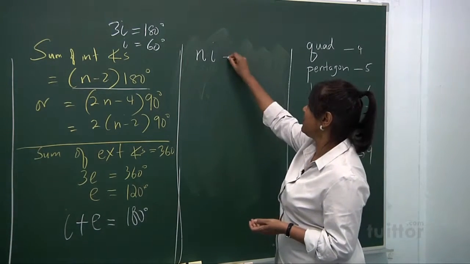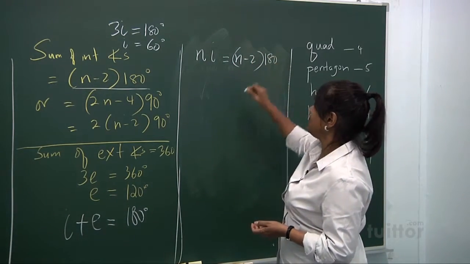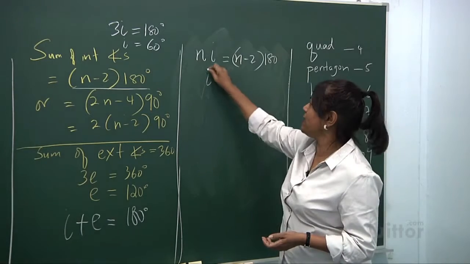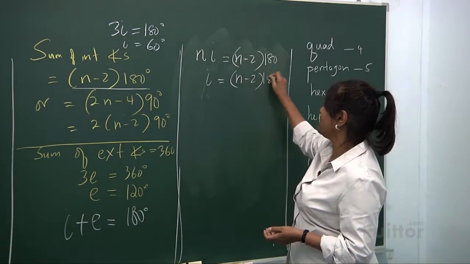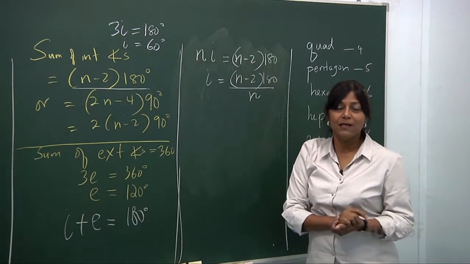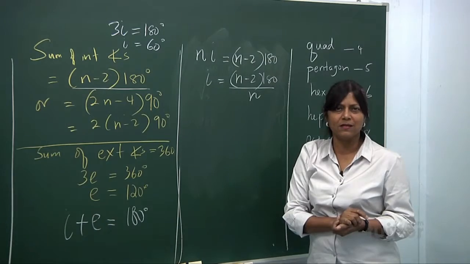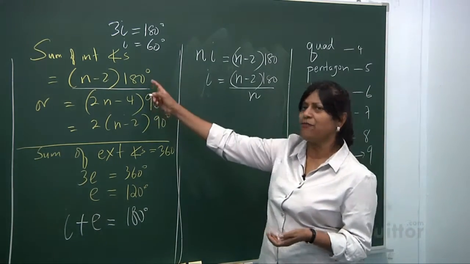And n interior angles equals n minus 2 times 180 degrees. What is 1 interior angle going to be? N minus 2 times 180 divided by n. You get the formula. So take note of the formulas. Don't have to study it like a nerd, but understand the formula.